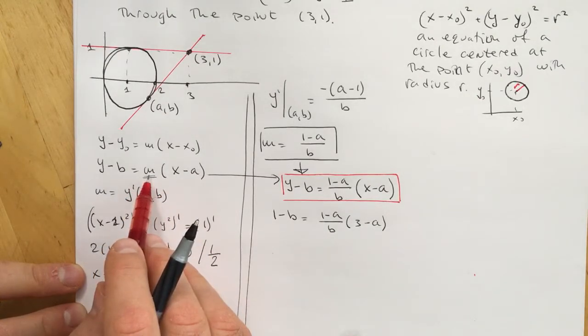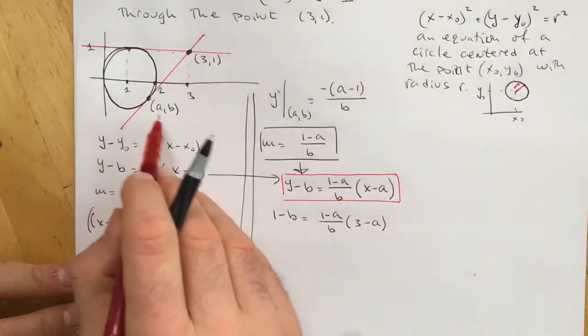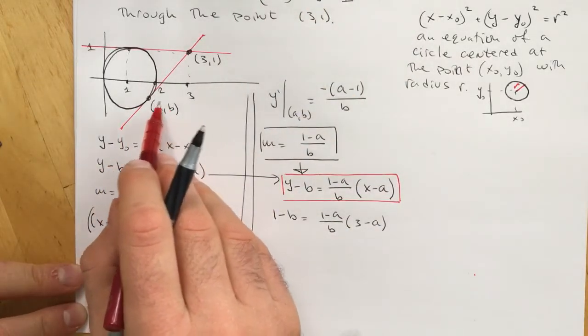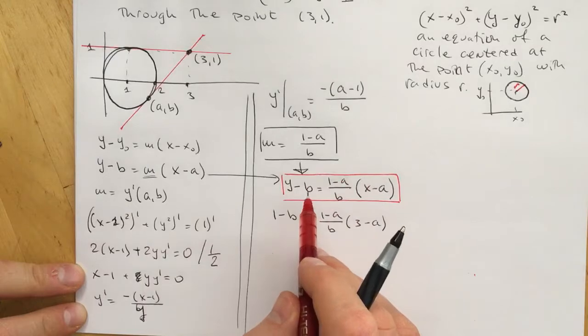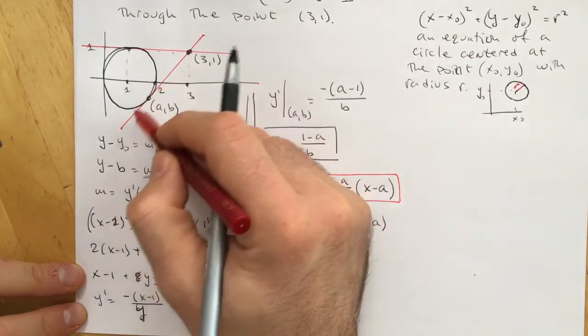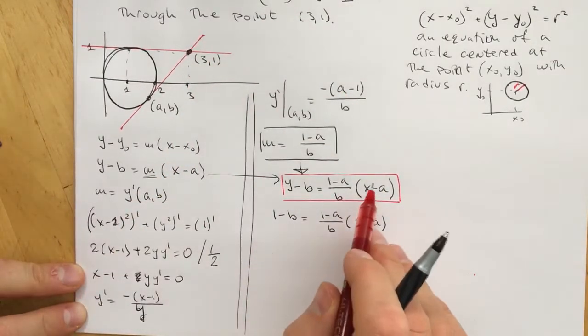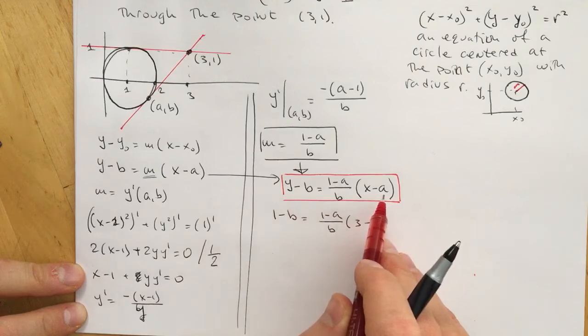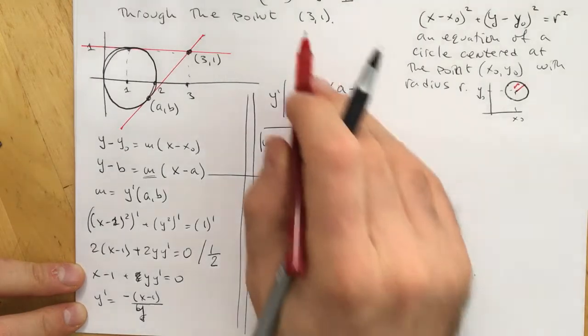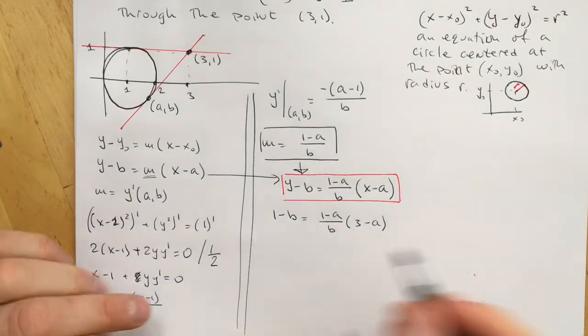And I was able to find the slope of the tangent line by finding the derivative of the curve and evaluating it at this point AB. And that led me to here. But now the tangent line also passes through the point 3 and 1. That's given in the problem. That means that this equation here is going to be satisfied if I plug 3 for x and 1 for y. Okay, so let's solve this.